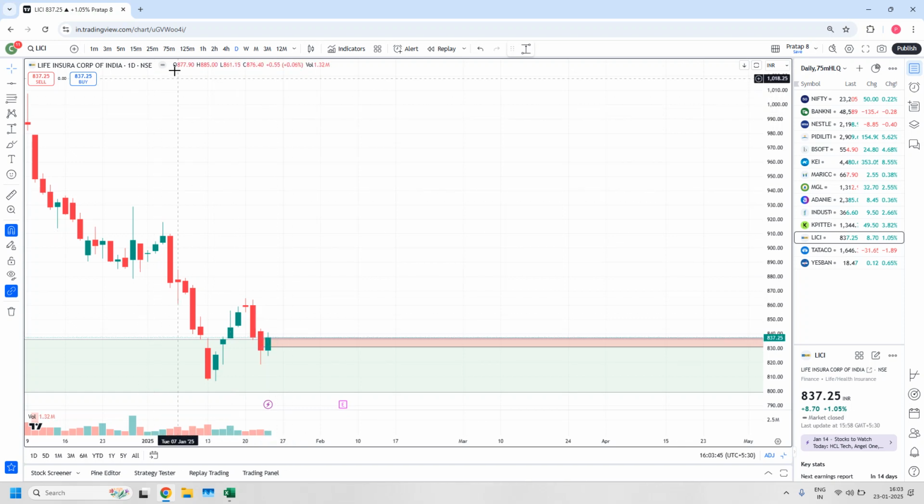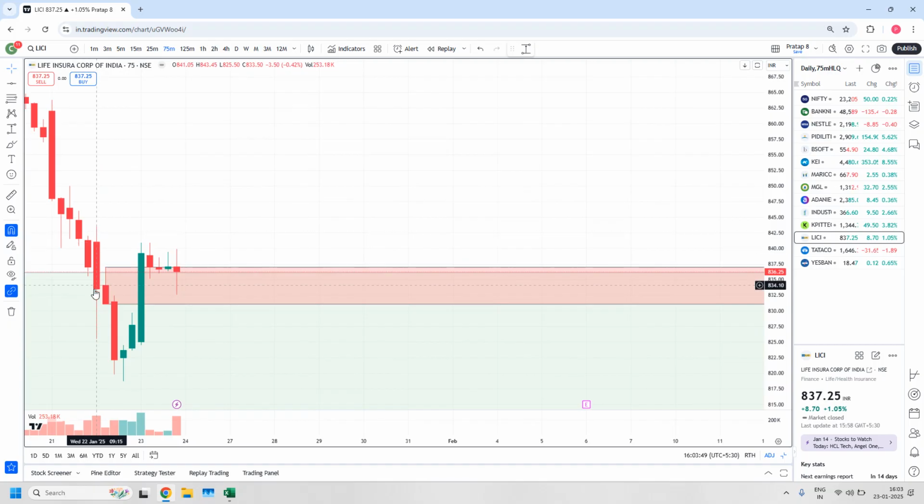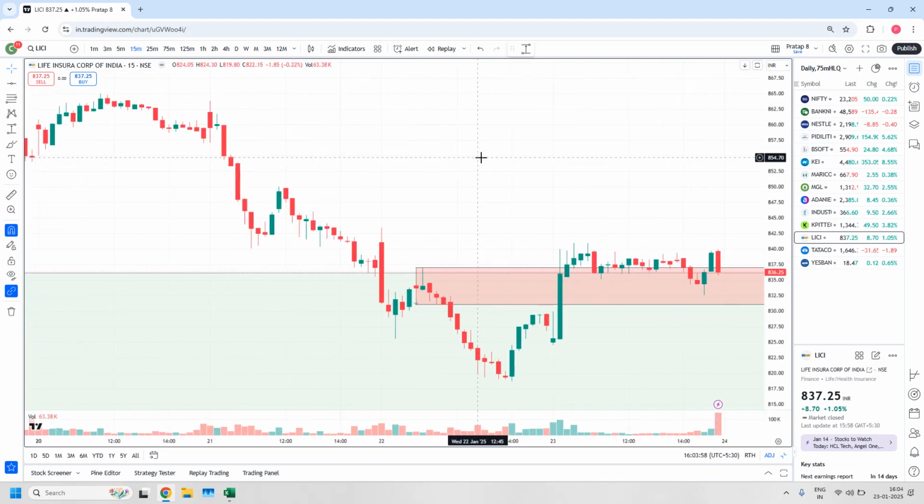We know this 75-minute zone will be violated. However, software identified drop, base, drop. But the 15-minute structure is not good. Look into the 15-minute structure. All these are medium-sized candles or base candles. If you consider this as a rally, you have a drop, base 2, base 3, base 4, base 5, medium-sized candles.